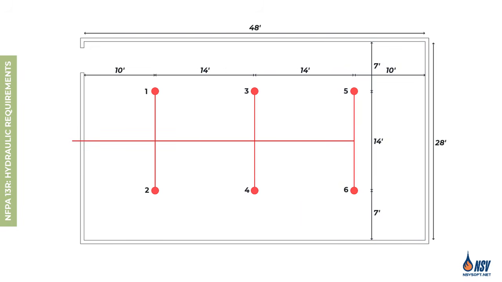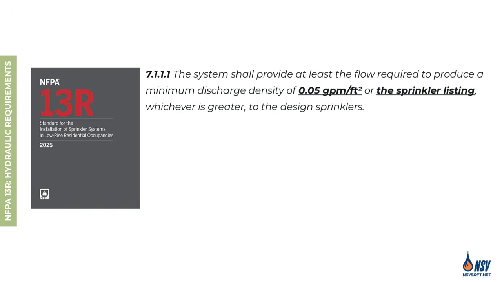In other words, we should not select sprinklers 1, 2, 5, and 6, even though they cover a larger area. Similar to NFPA 13D, when performing the hydraulic calculations, we only need to apply the sprinkler flow based on the coverage area and the minimum pressure specified in the manufacturer's datasheet.